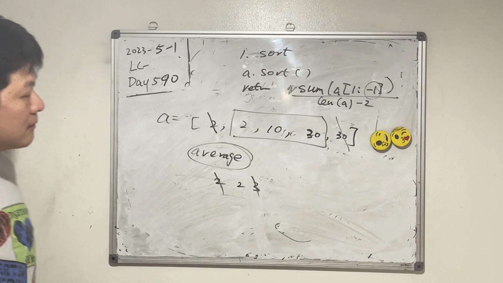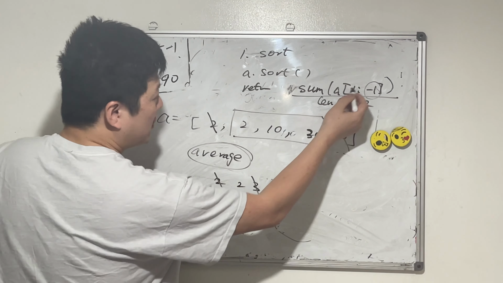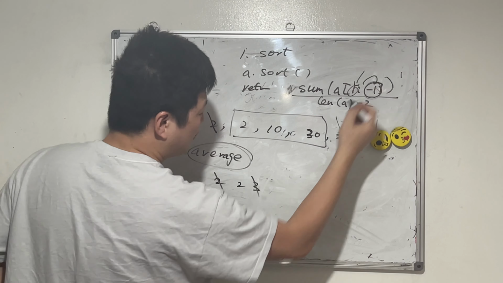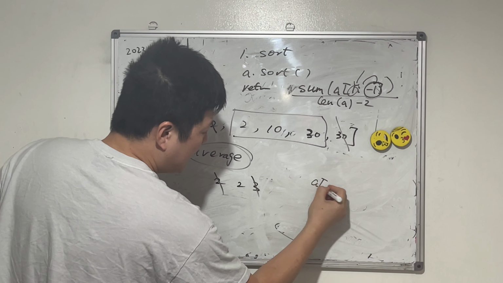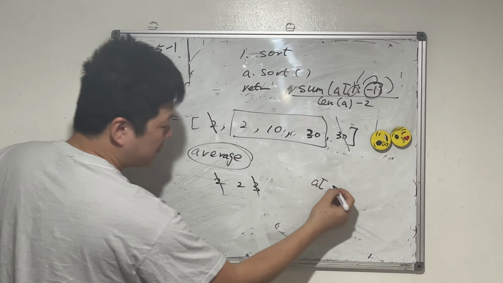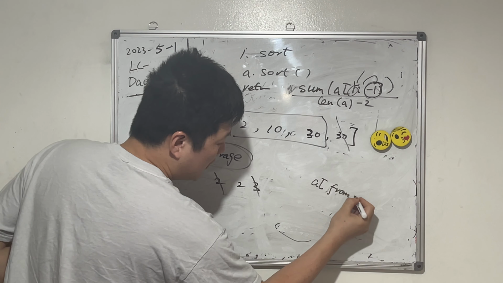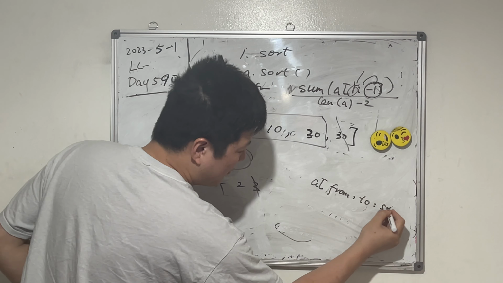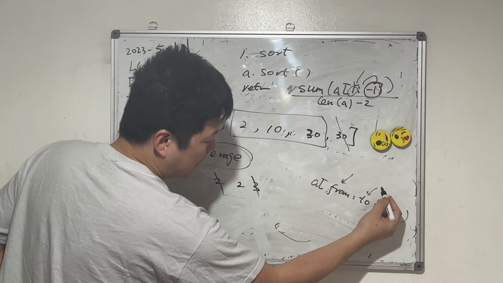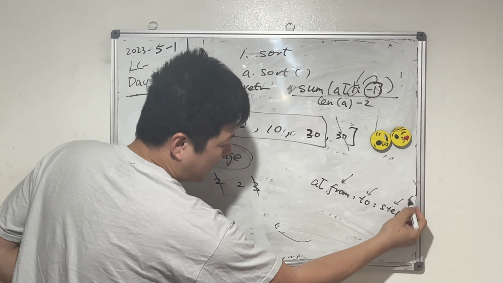Look, this is from the second number to the second last, A from 1 to minus 1. This is list slicing: A from to, and step. From is inclusive, to is exclusive, and step by default is 1.